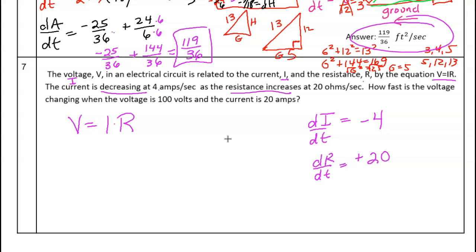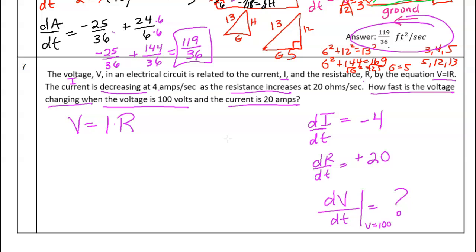How fast is the voltage changing? Well, that's dV, not volume though. When voltage is 100 and current, which is I, is 20. All right, well, it looks like everything's changing.